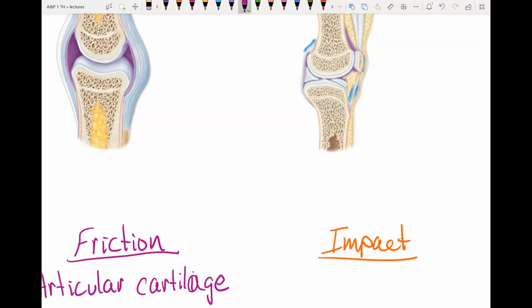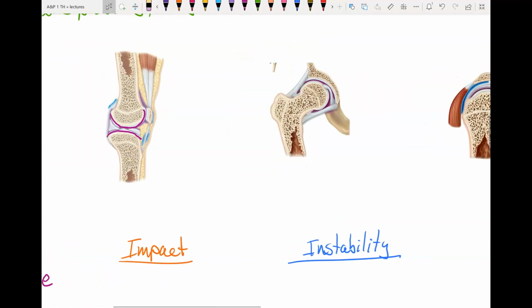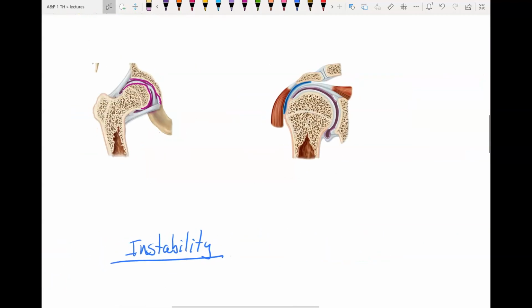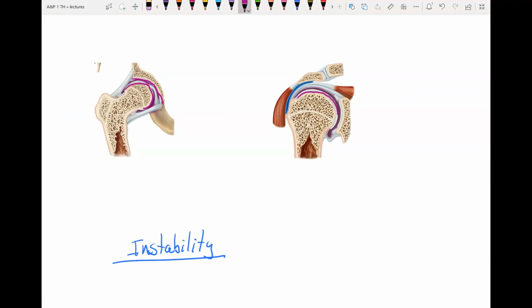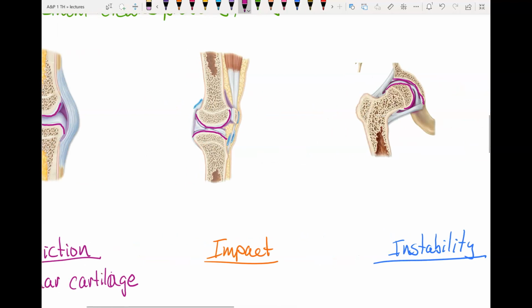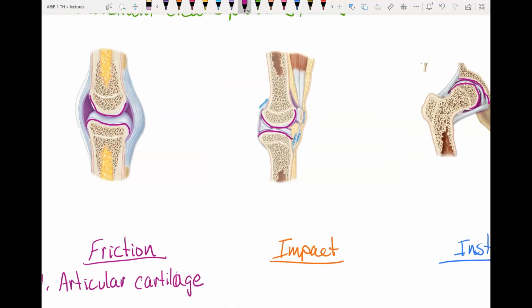So here you can see on the ends of the bones, you have this cartilage that coats the ends of the bones. In all of these joints, you have cartilage coating the ends of the bones. That is articular cartilage.